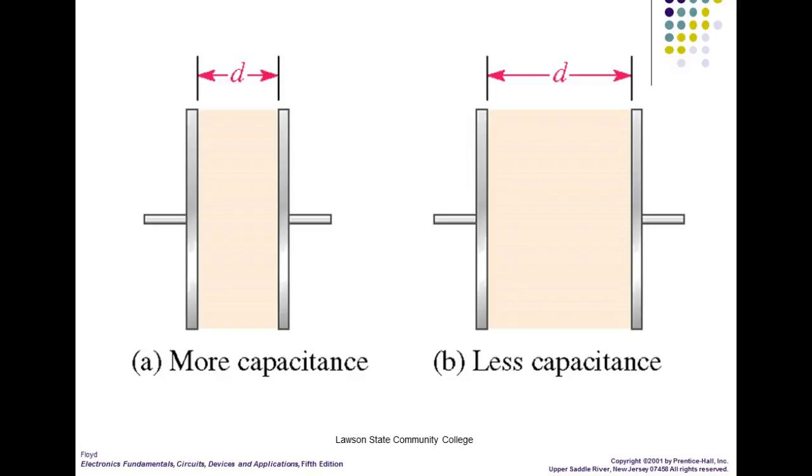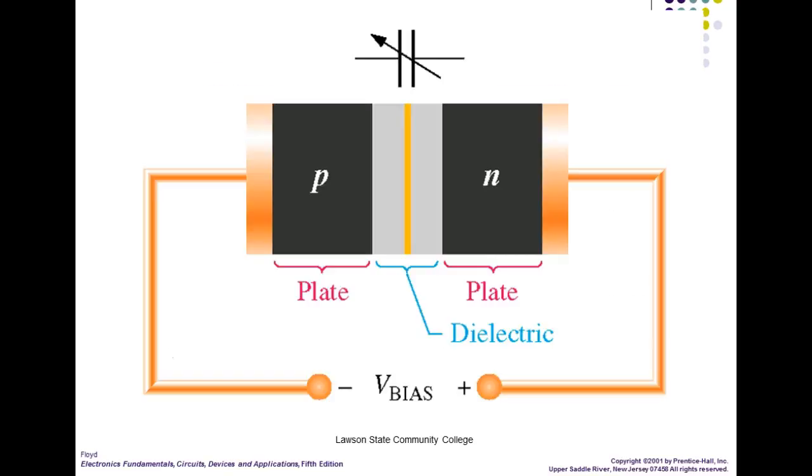So that means the P material will act like one plate, the N material will act like another plate, and then the depletion region would act like an insulator. What determines the size when we reverse bias it? Well, it's determined by how much reverse voltage we put on there. So there's our capacitor.